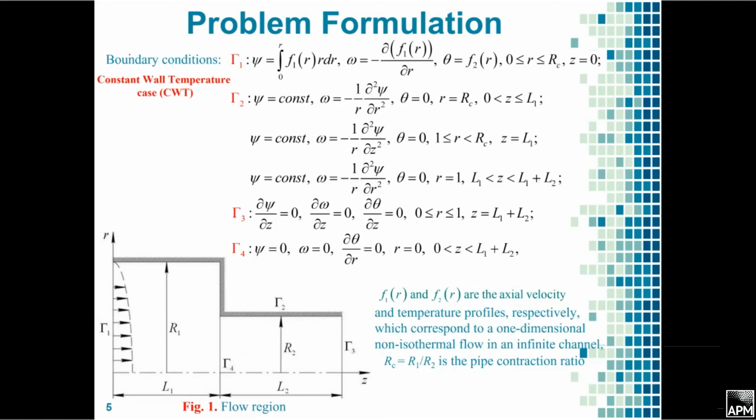At the inlet boundary, the velocity and temperature profiles are calculated corresponding to the steady state flow of Newtonian fluid under non-isothermal conditions at a constant flow rate to define the inlet boundary condition. At the outlet boundary, the derivatives of the required functions, I mean stream function, vorticity, and temperature, are assigned.